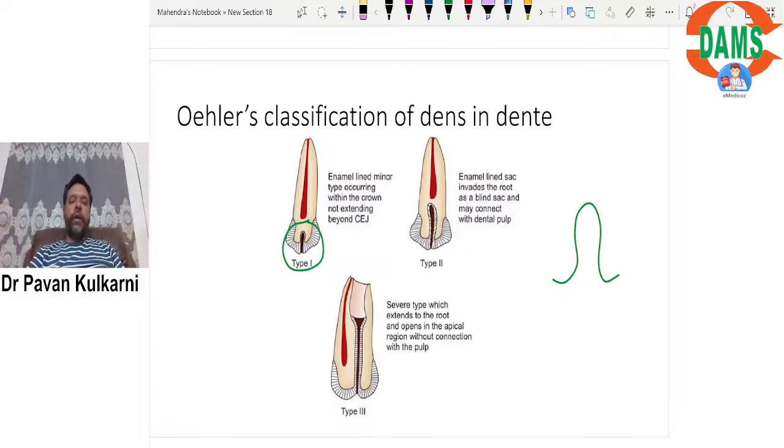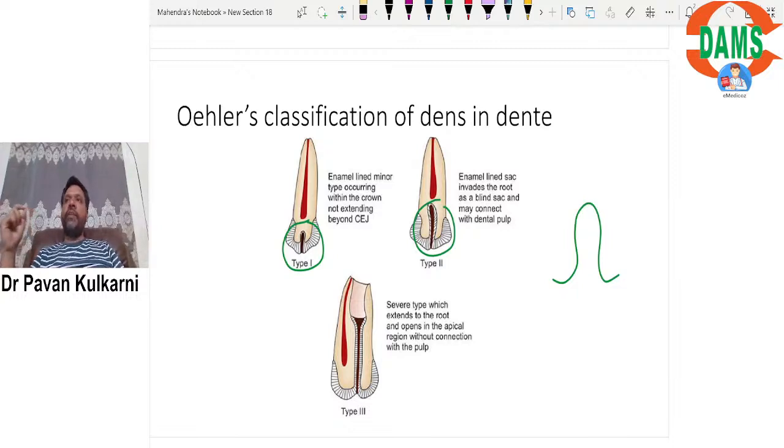If you see, the invagination is involving even the root also, but it has got no communication with the apical foramen. It may or may not involve dental pulp. So if the invagination is only in the crown, you call it type 1.